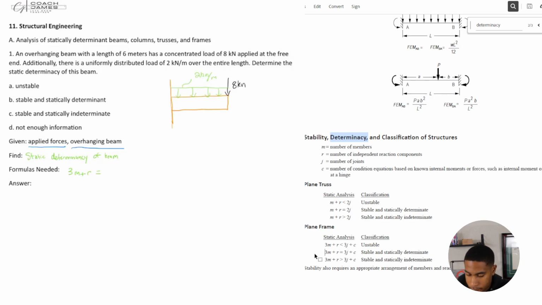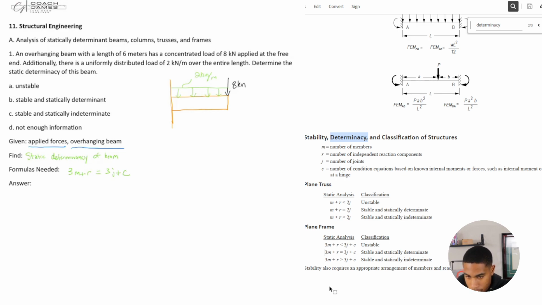I'm going to choose the equal to for now, but once you plug in your members and reactions, it's going to tell you which one is correct and how to classify it, whether unstable, stable and statically determinate, or stable and statically indeterminate. So we have 3m plus r is equal to 3j plus c.